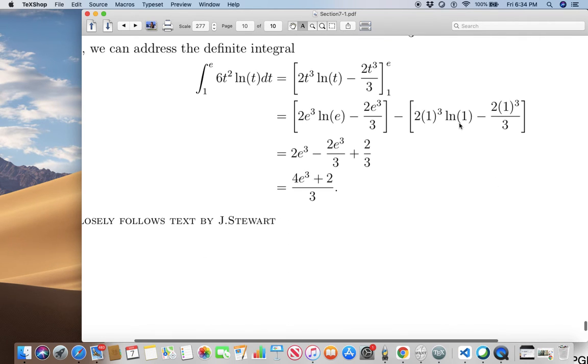Natural log 1 is 0, natural log e is 1, so you get 2e cubed minus 2e cubed over 3, plus this negative and a negative, 2/3. Common denominator, get a 3 here. 6 minus 2 is 4e cubed plus 2, all over 3.